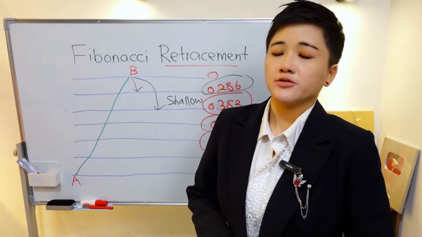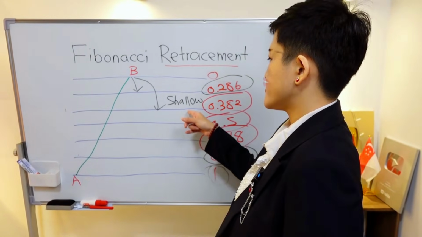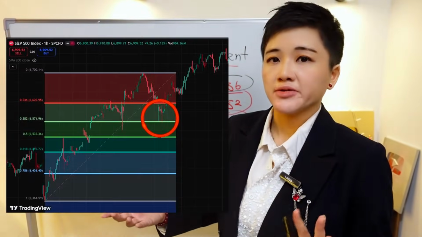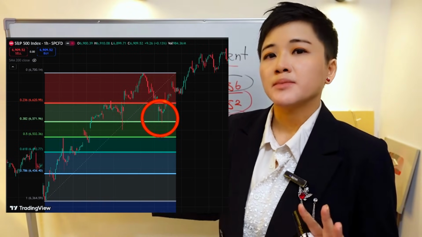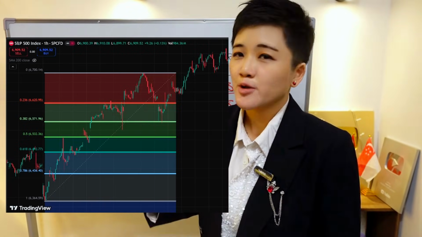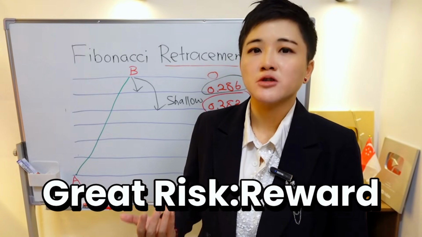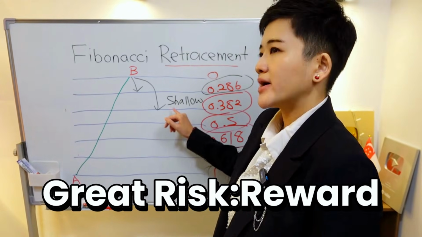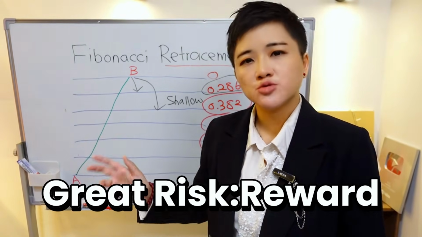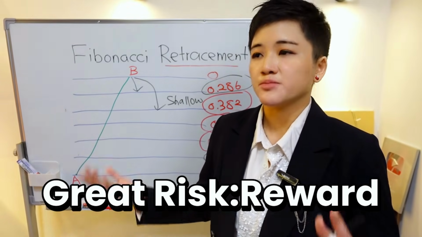Now sometimes you see that prices would bounce off a shallow pullback level and then go up. But personally, in my opinion, pro traders focus on a great risk to reward ratio. A shallow pullback would give you an okay risk to reward ratio, but not superb.